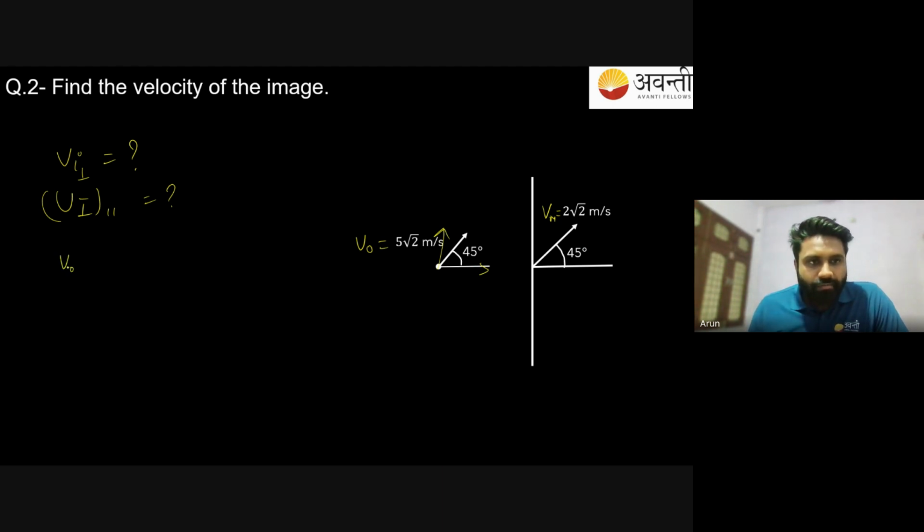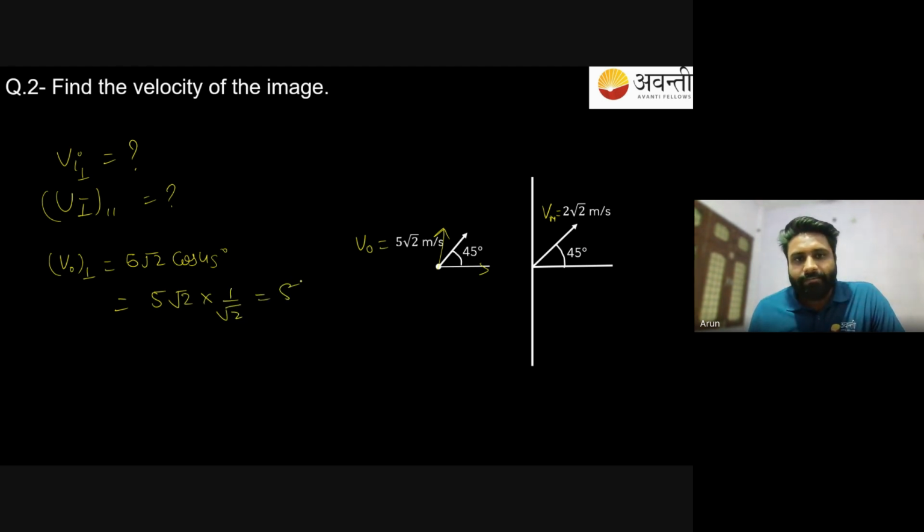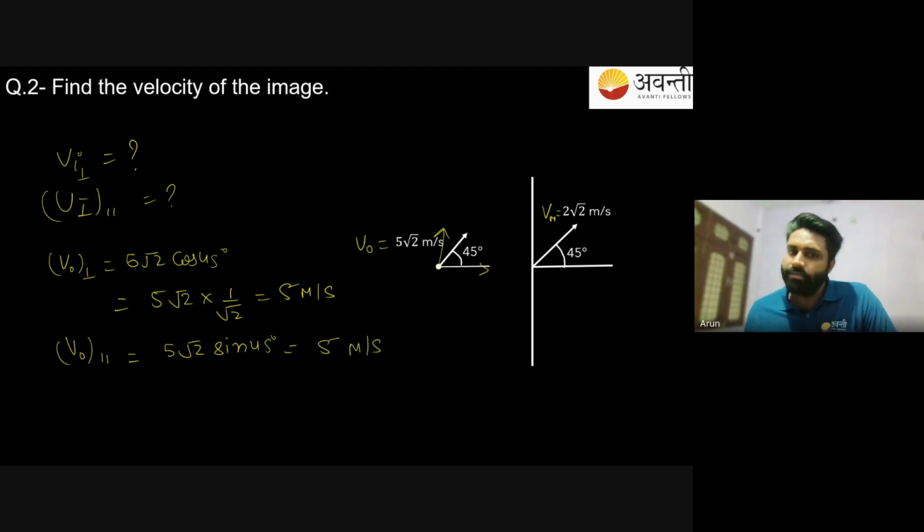So velocity of object perpendicular will be 5√2 cos 45. What is the value of cos 45? It is 1 by √2. So we have 5 meter per second for the perpendicular one. For the parallel one, it is 5√2 sin 45, so it will also be 5 meter per second.